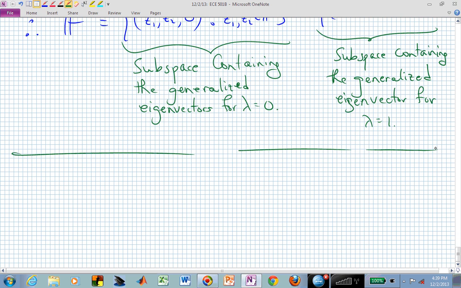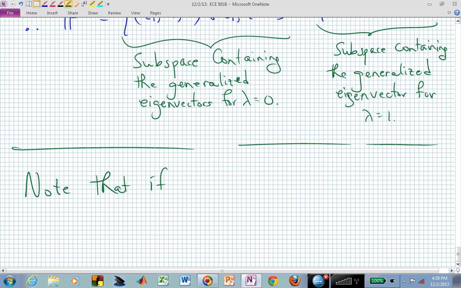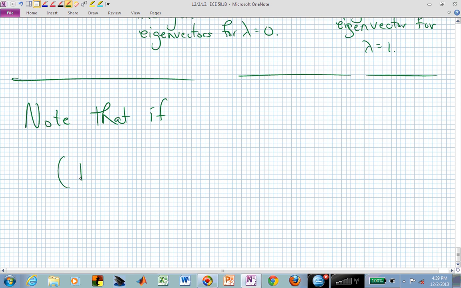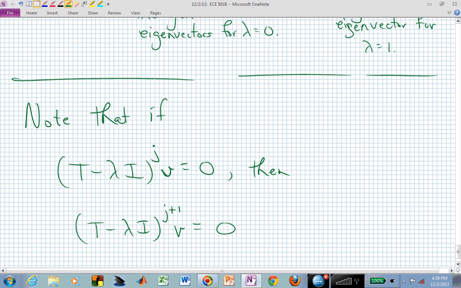Before I do that, though, I hope it's clear, note that if I look at the following, if I said T minus lambda I to the j times v is equal to 0, then T minus lambda sub I to the j plus 1 v is also equal to 0.